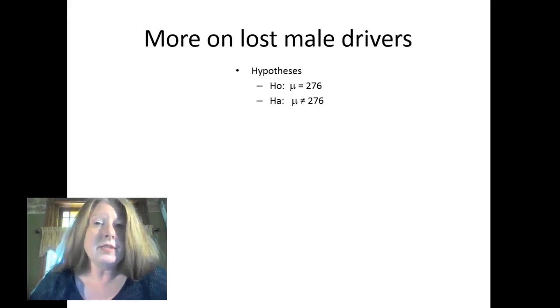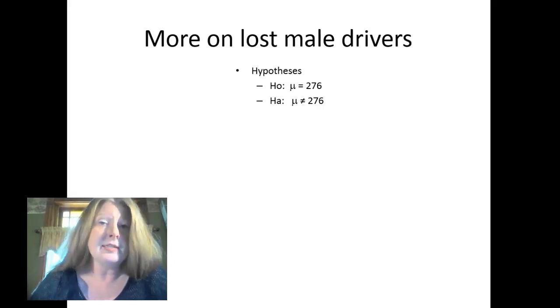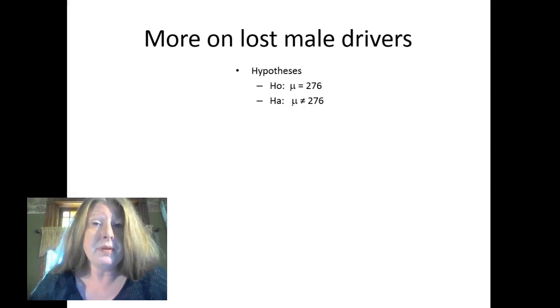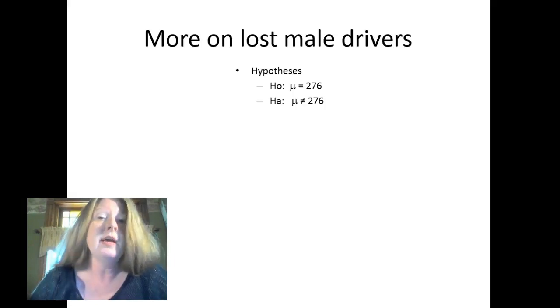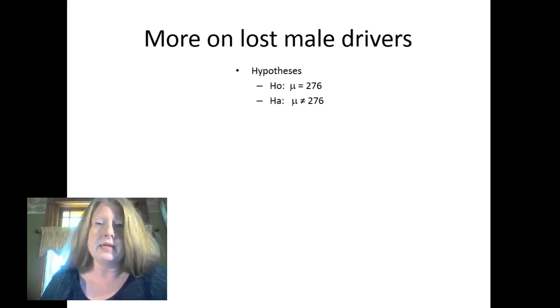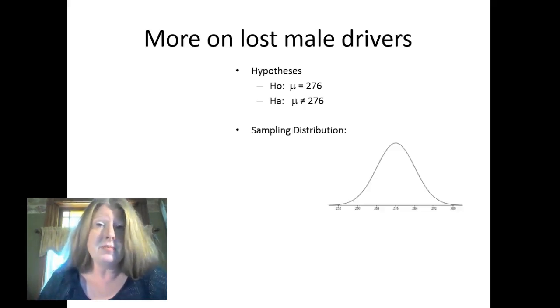Okay, so hopefully this is what you wrote down for your hypotheses: the claim is that the population mean is 276. Hopefully it's clear why we're dealing with means here and not proportions. The alternative is we think something different is going on, that the mean is something different from 276. What would the sampling distribution look like?